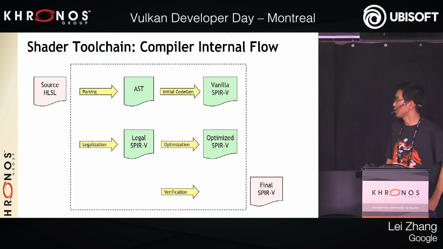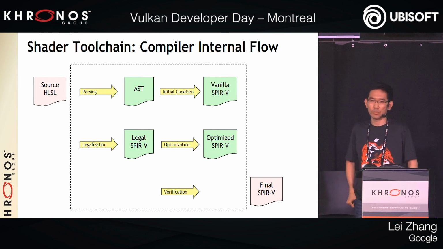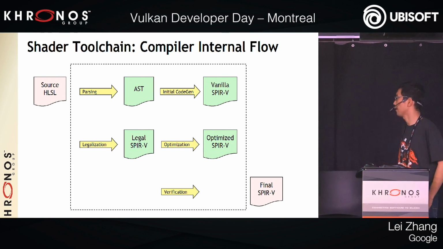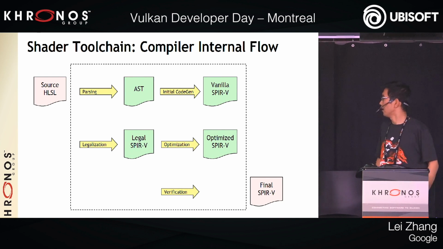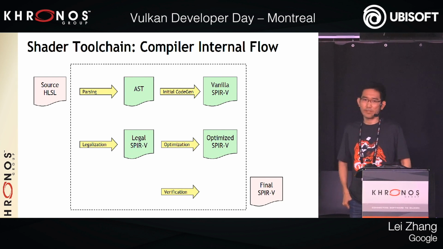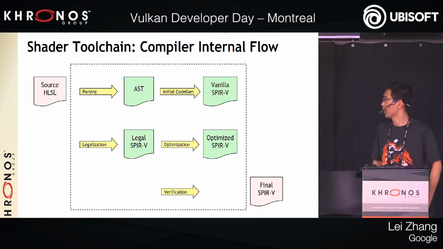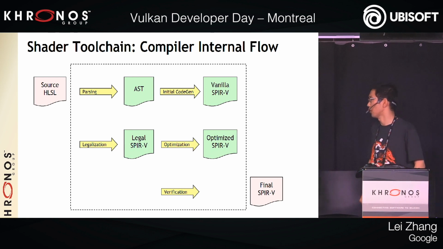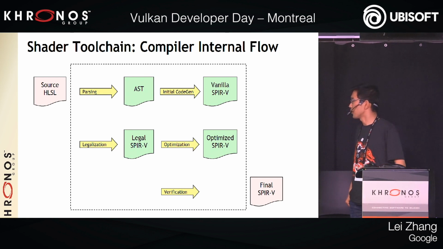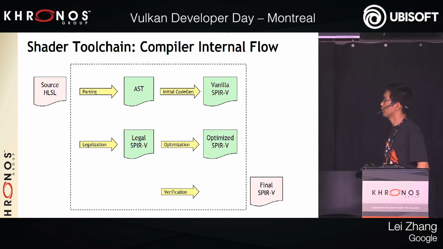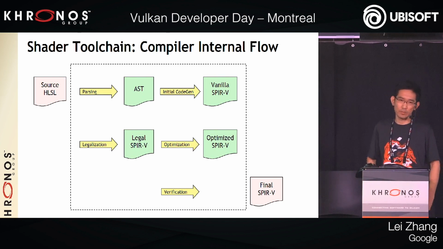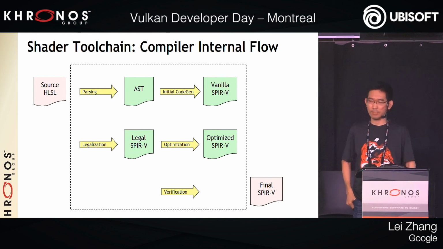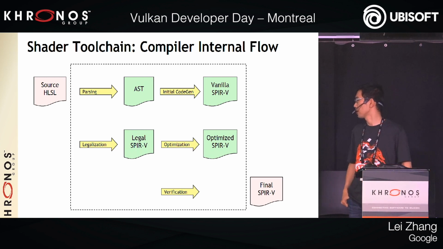Then initial code gen translates that AST into what is called vanilla SPIR-V here. Vanilla SPIR-V is not immediately consumable by Vulkan. It must go through a stage called legalization, which I will explain more later, to make it legal SPIR-V for Vulkan consumption. Then we run a bunch of GPU agnostic optimizations to make the shader performant.